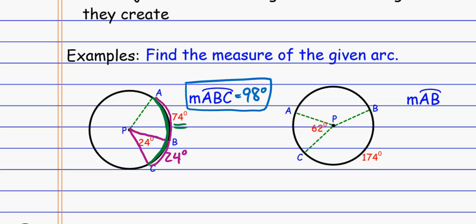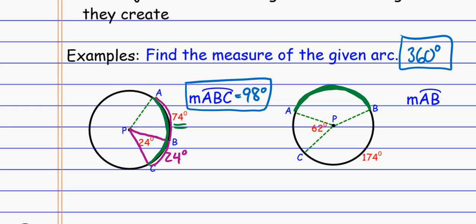If I look at the next one, same kind of thing. I want the measure of arc AB. And be careful here, shortest distance, arc AB is this one up here. The thing that's tricky here is we have to understand the number of degrees in a circle. For our purposes, a circle has a total of 360 degrees, and that's one of those things you've probably heard before.